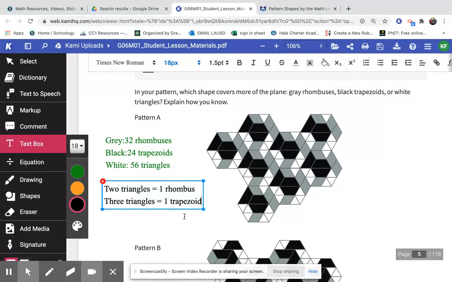And a trapezoid actually could equal 1 rhombus plus a triangle. So what that means is there's 56 triangles. So maybe you think, ooh, the most that are here is triangles, which is 56.